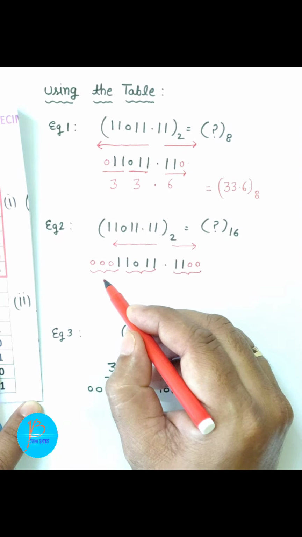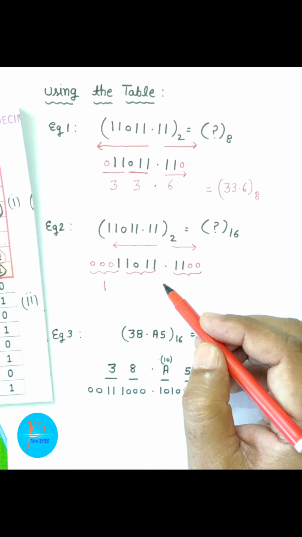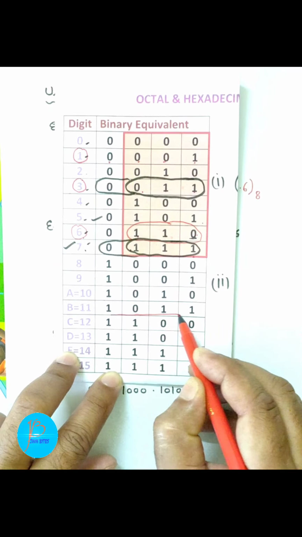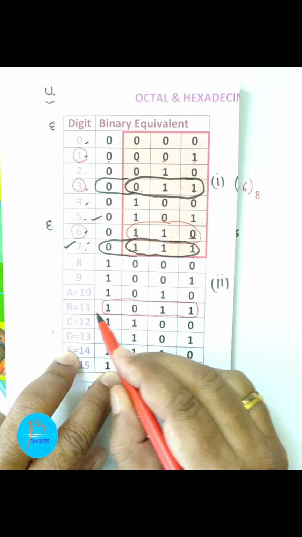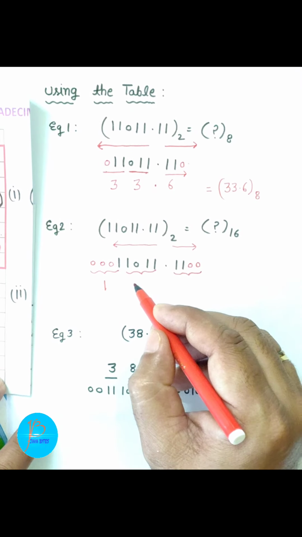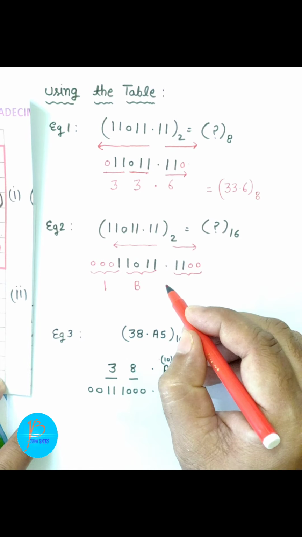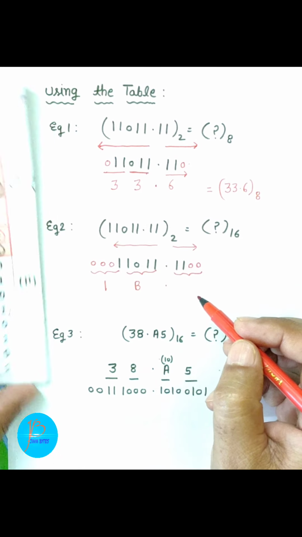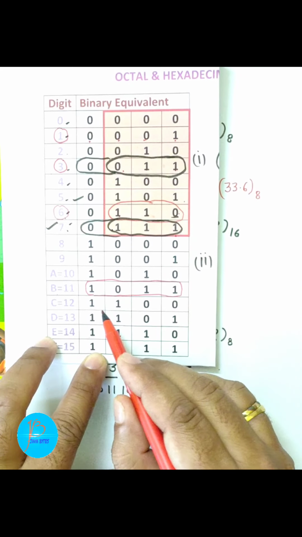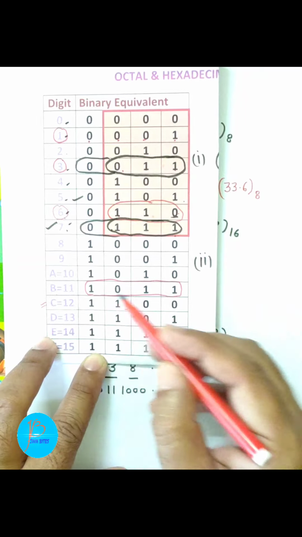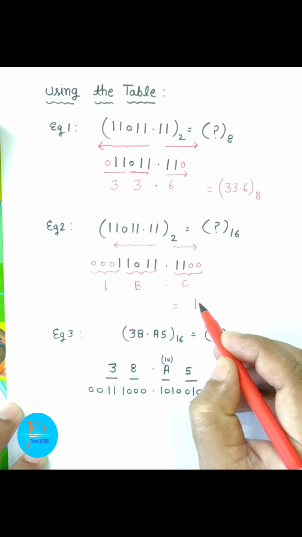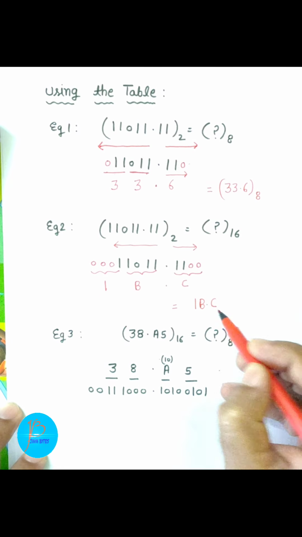So the first equivalent is 1, then the second is 1011. 1011 is equivalent to 11, and 11 stands for B, so you will write it as B. Then come to the fractional part, 1100, and 1100 is equal to C. So your answer will be 1B.C.